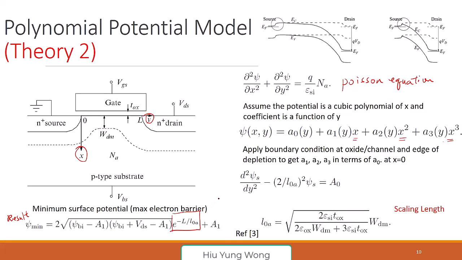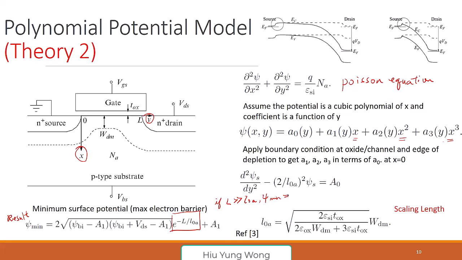What happens if L is much larger than LOA? What happened to the term? What does phi mean when L is much larger than LOA?